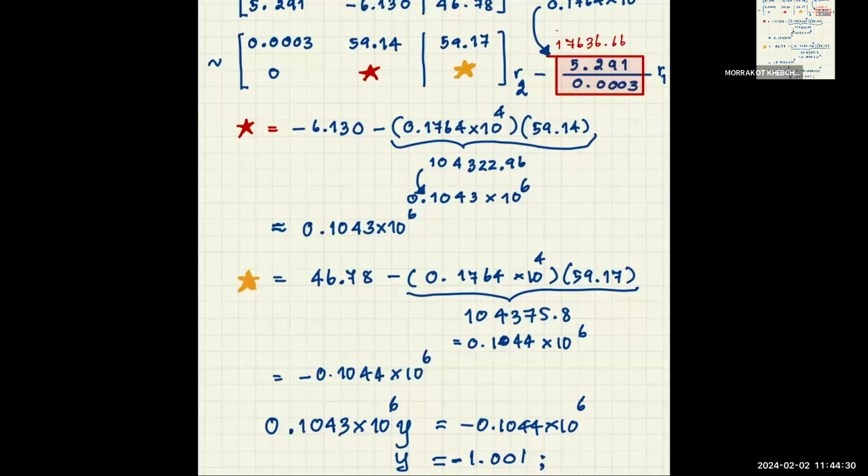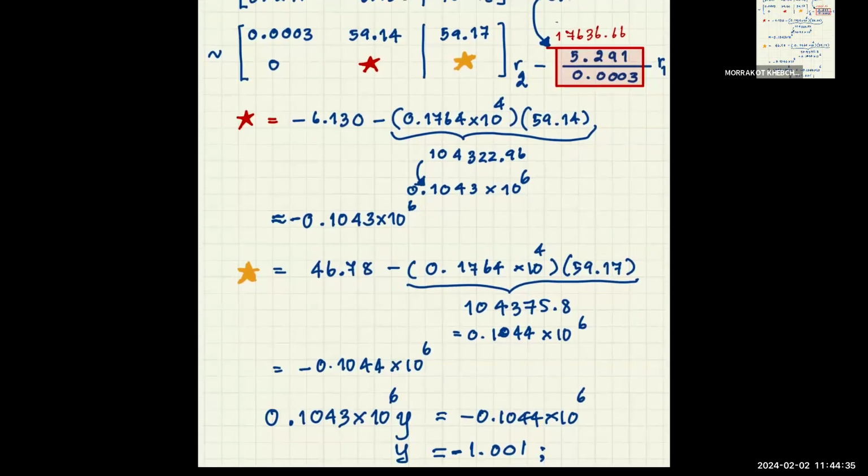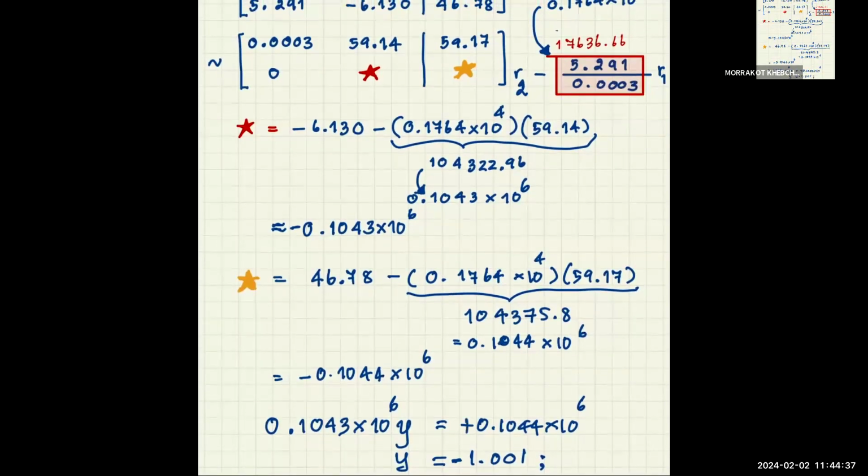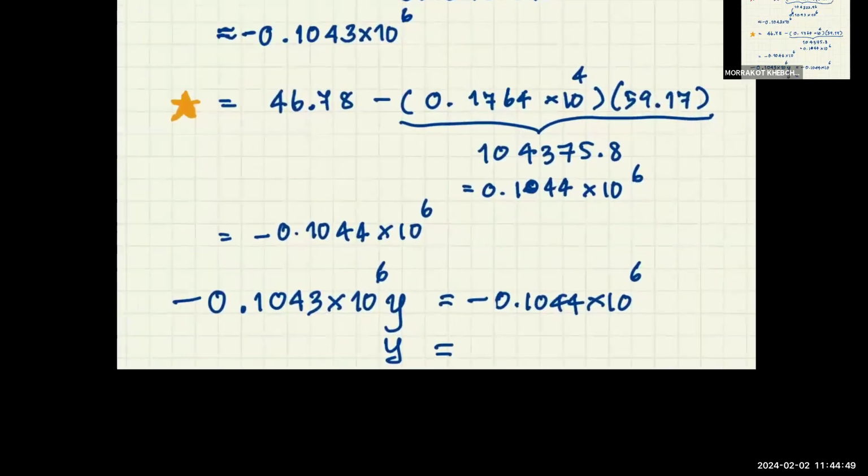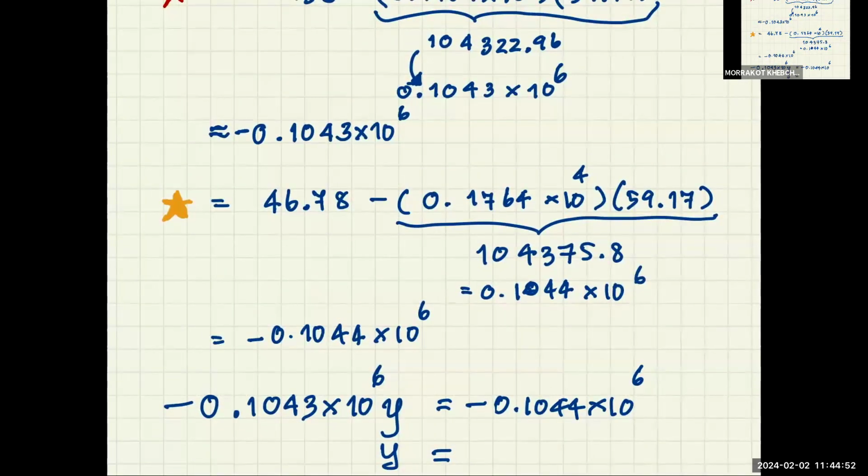this one will be minus, right? Minus, I forgot minus sign, okay? So minus divided by minus is plus. Okay, actually, if you do the actual division, from my calculator, you get 1.00095.